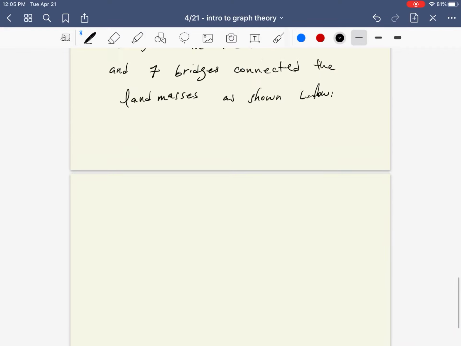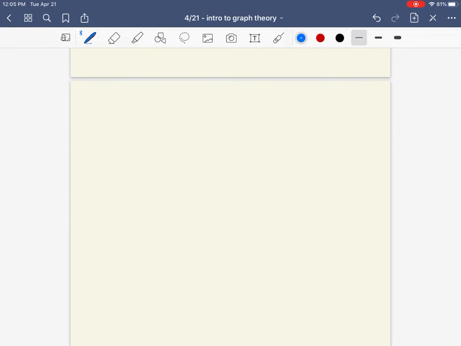So I'll make a little picture. So here's our river. Here we have Königsberg.